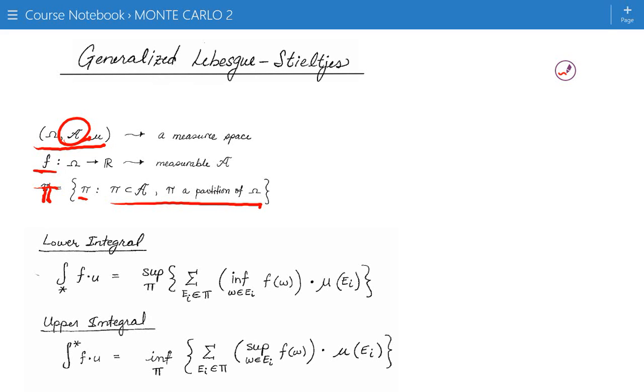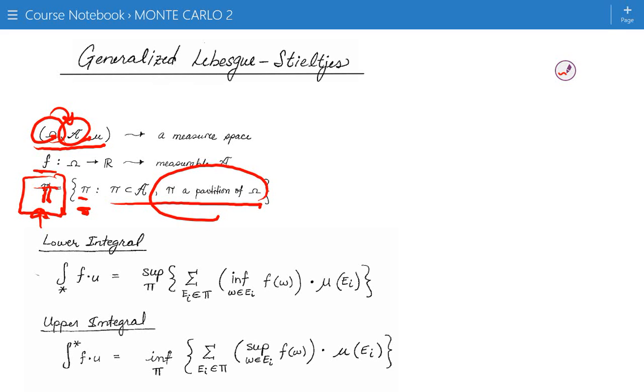Okay, so we essentially are taking a set of sets. Little pi is a set, and it is a particular kind of set. It is a partition. It's a partition of our outcome space that exists in our sigma algebra. And capital Pi is the set of all those such sets.